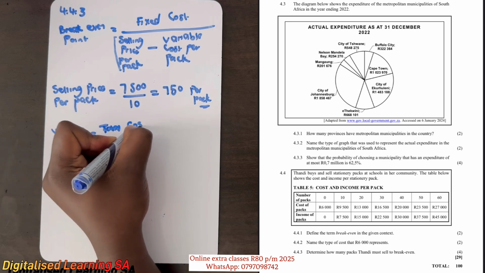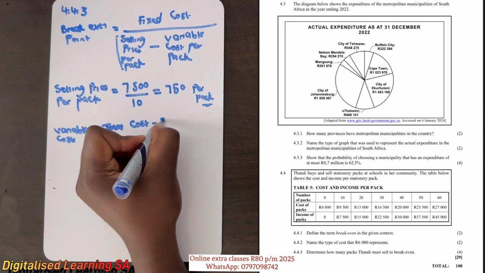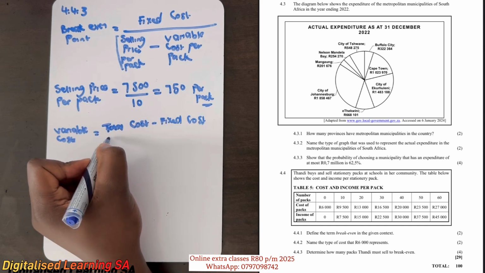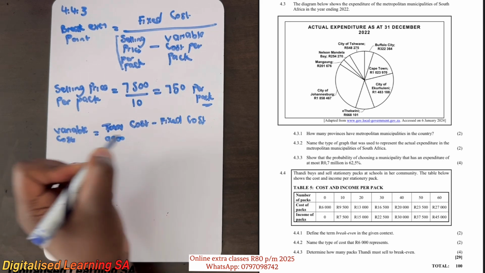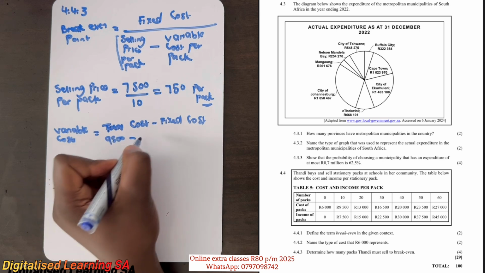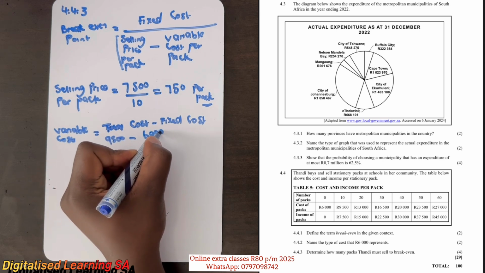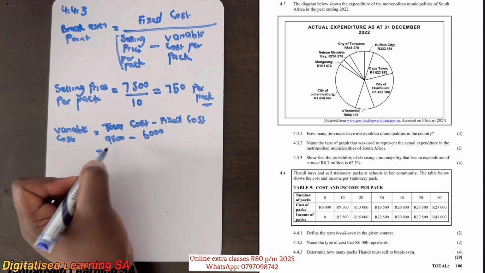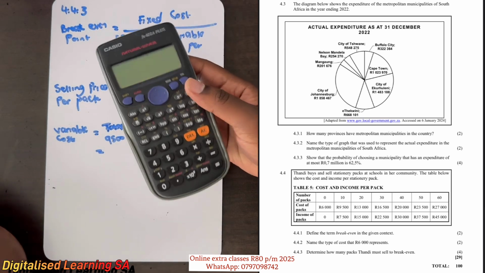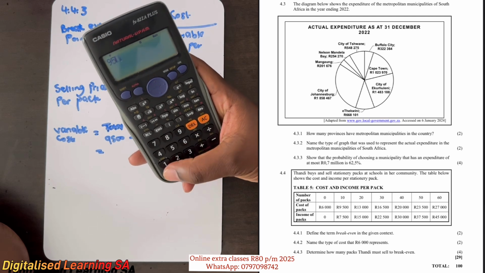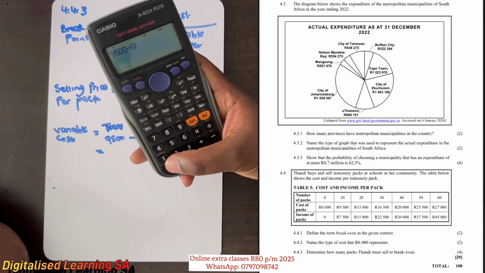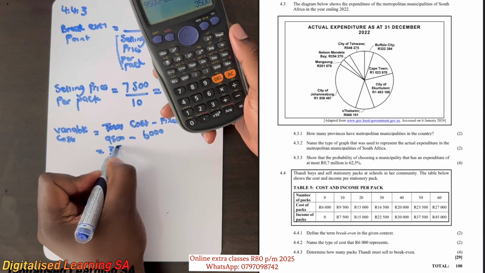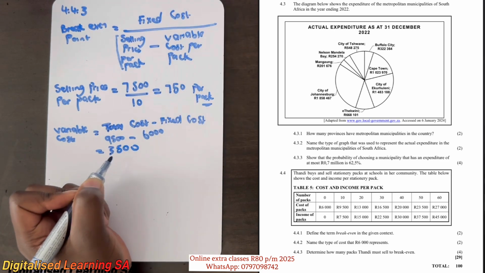So our total cost will be 9,500 minus our fixed cost, which is 6,000, and our variable cost will be 9,500 minus 6,000, which is 3,500.